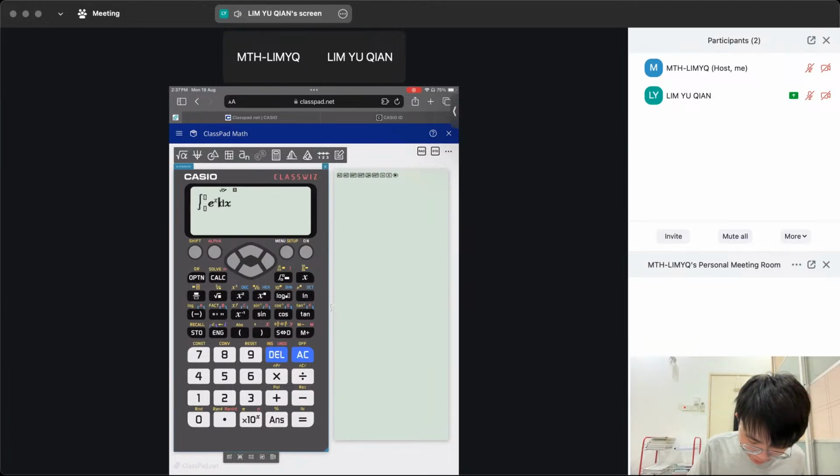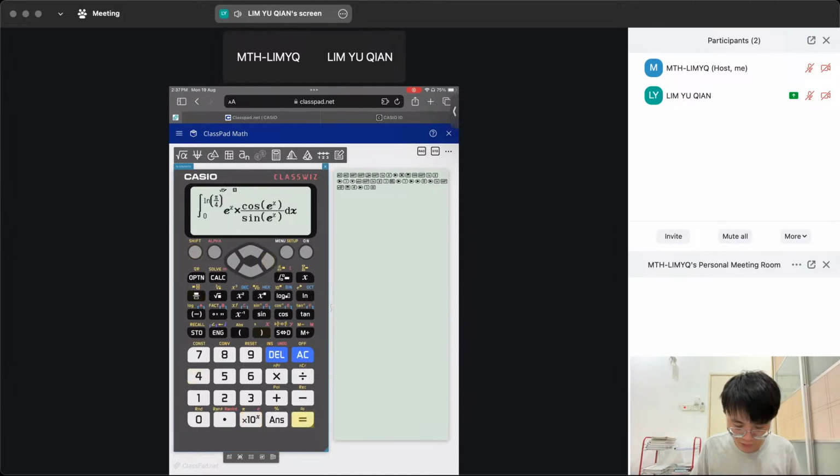So multiply by cos e to the x over sine e to the x in the denominator. The lower limit is 0, the upper limit is ln pi over 4. Calculate. It is a negative number.